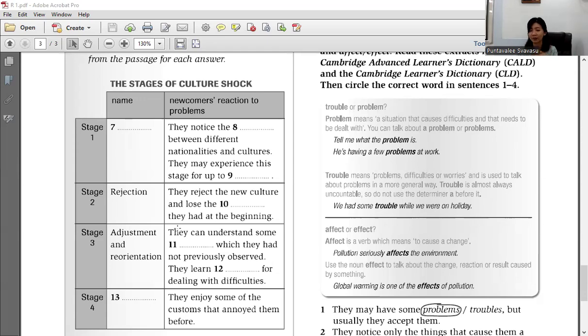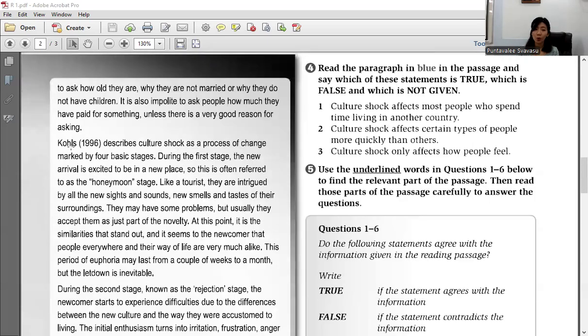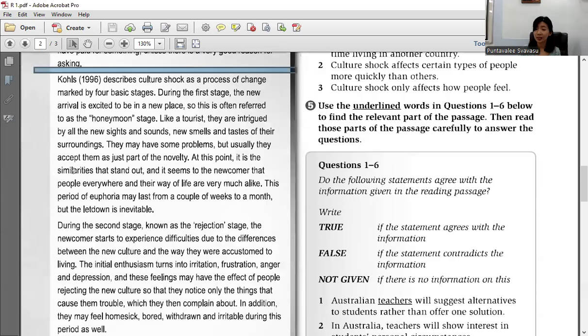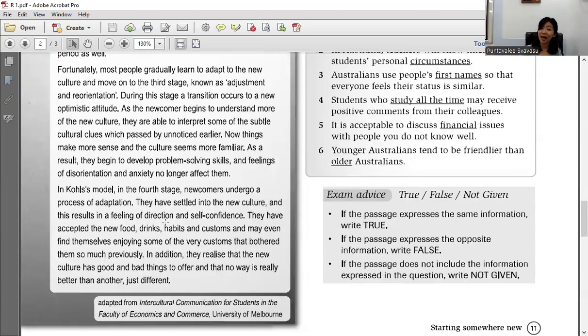Okay, so there are 4 stages, and if you go back to the text, you should cut it right here. So from the second page of the reading, from the 1996 citation to the end of the text, this is the group of paragraphs for questions 7 to 13, as it talks about the first stage, second stage, third stage, and the last one.